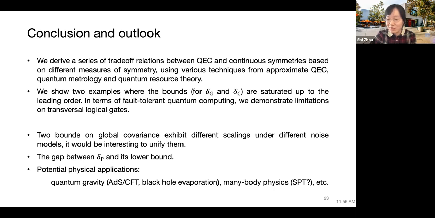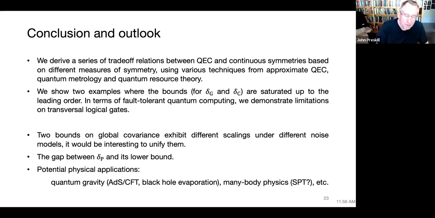So you can just take one generator from the SUD and derive some bound. But we didn't work that out. We would expect it would have kind of similar behavior as the bound for U1.